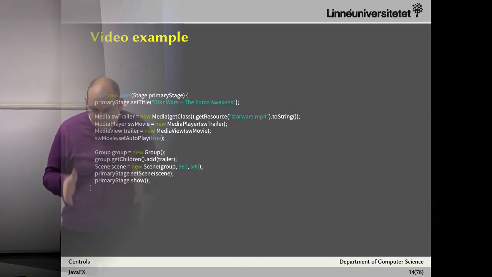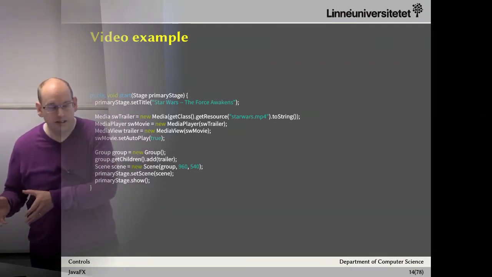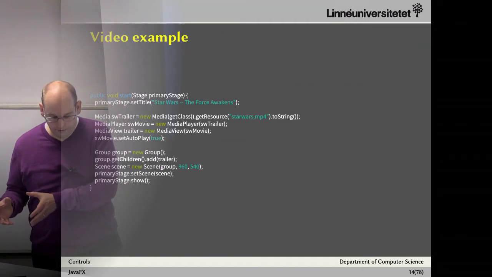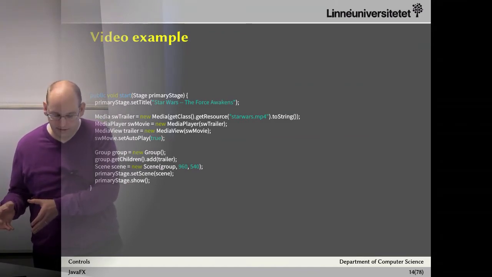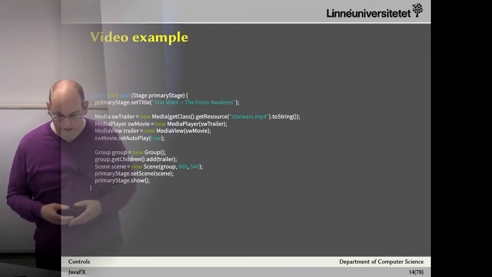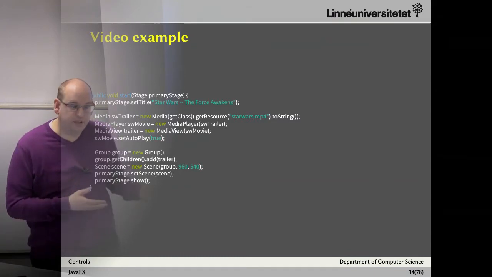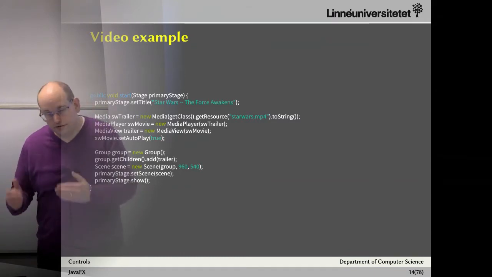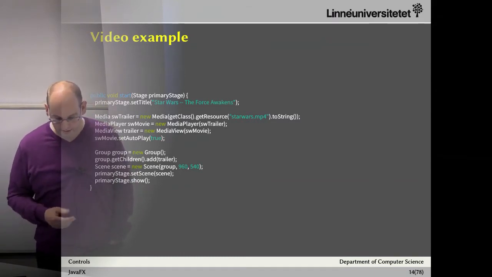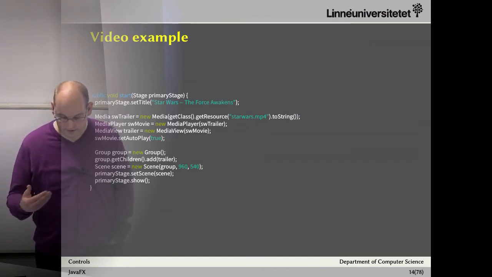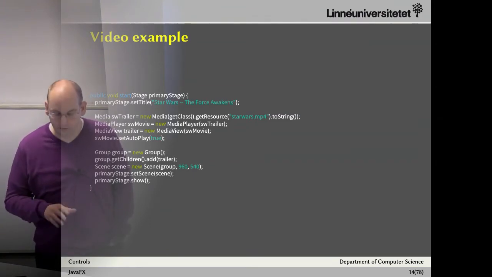And then we have the media player again. We attach the movie, the media, to that media player, and then we can do all the stuff that we did before in the same way. The important thing here is that we set the autoplay to true, and we put all of this as the only thing that we have in this program.